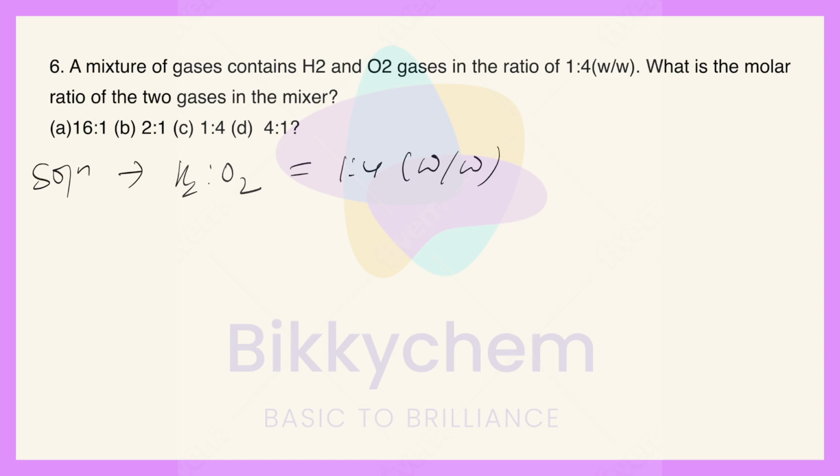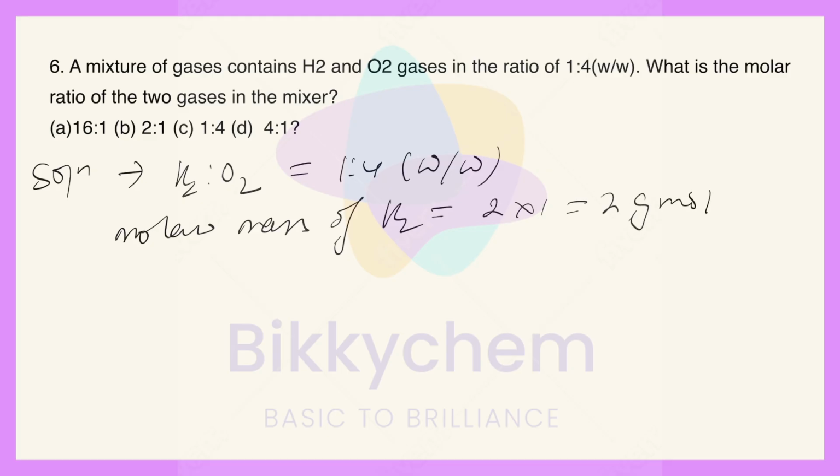Molar mass of H2 is equal to 2 into 1, 2 gram per mole. Similarly, the molar mass of O2 is equal to 2 into 16, which equals 32 gram per mole.